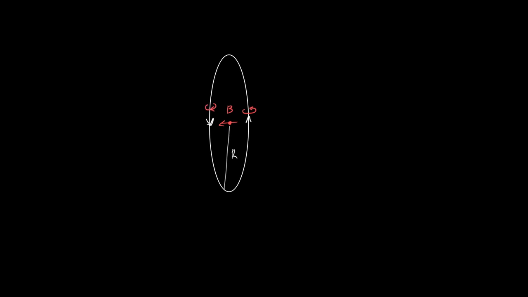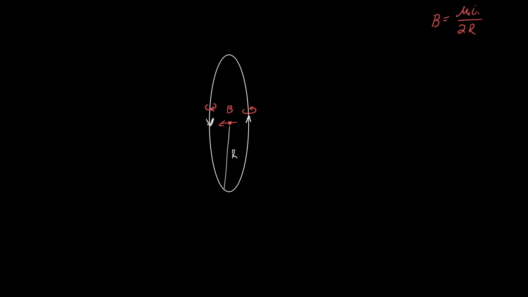Therefore through the center we have a magnetic field in that direction, and we know the size of that magnetic field is mu naught I over 2r, where r is the radius. This is the magnetic field of a single loop. Can't use Ampere's law for it.